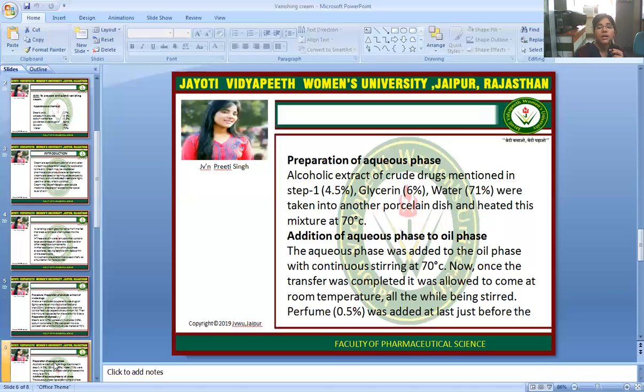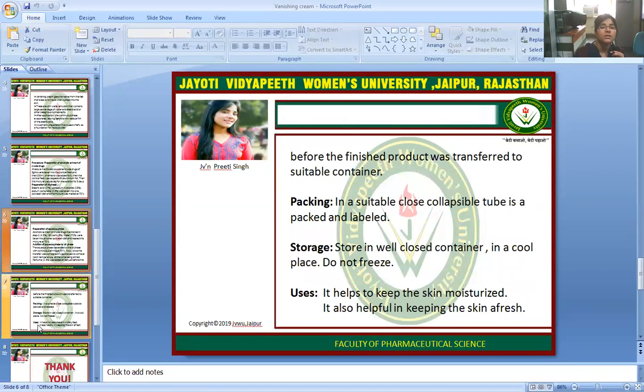All the while being stirred, perfume 0.5% was added at last, just before the finished product was transferred to a suitable container. Now packaging: it is packed in a suitable closed collapsible tube and labeled.